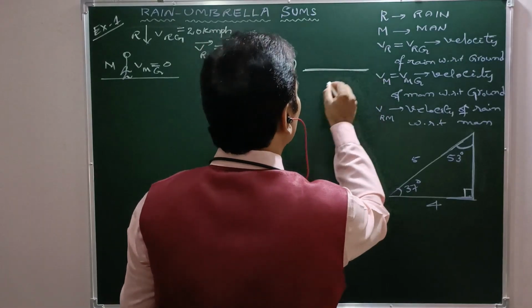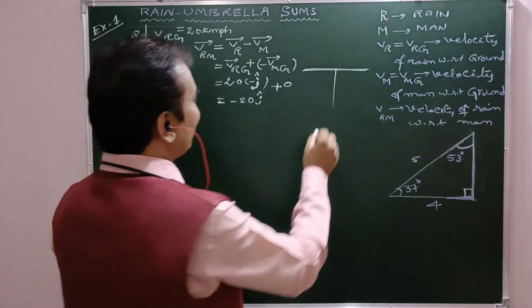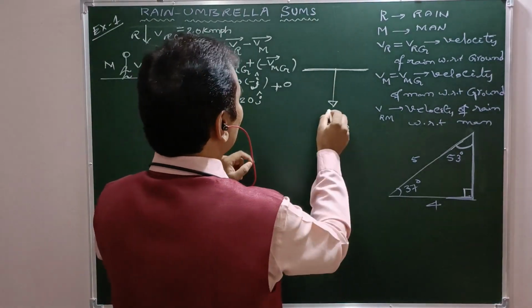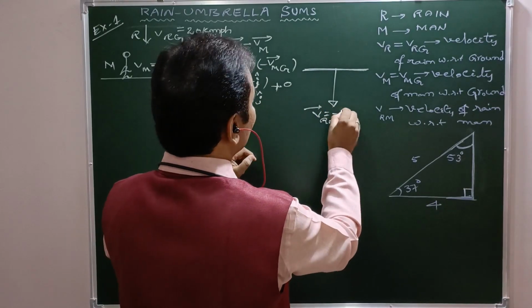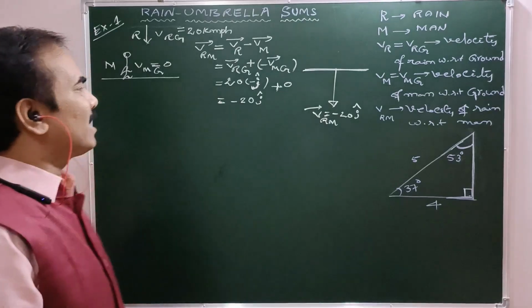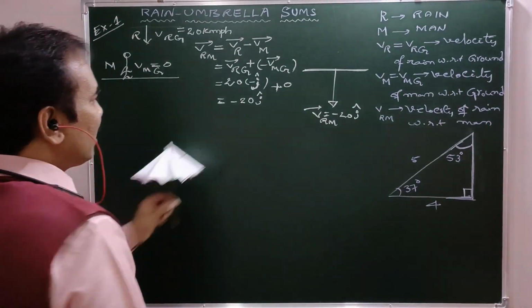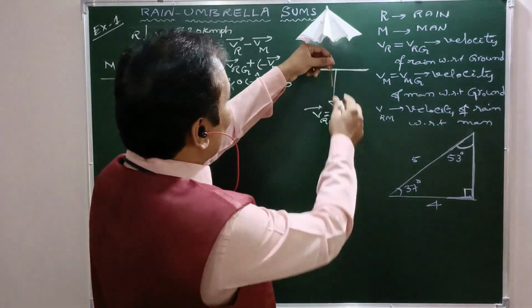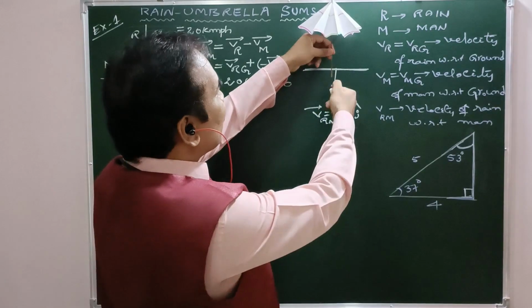Now we got the relative velocity of rain with respect to man, Vrm bar equal to minus 20 j cap. So he must hold his umbrella as shown, along the same line as Vrm but in the opposite direction.